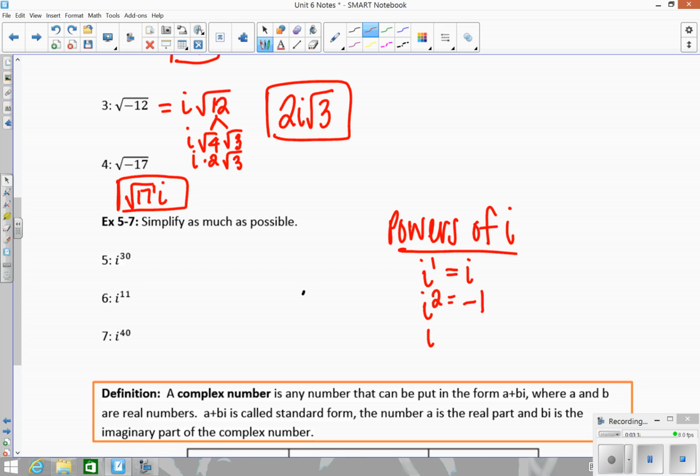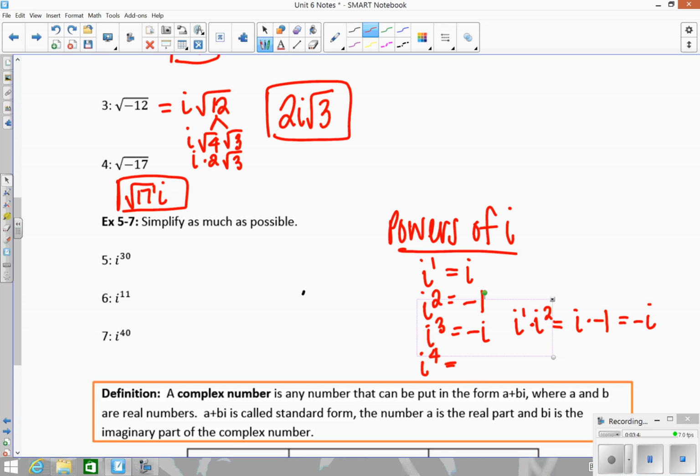I to the third is actually going to be -i, and that's because i to the first times i to the second is really the same thing as saying i to the third, because when you multiply, you add the exponents. And then i to the first is just i, and i to the second is -1, so that's how it becomes -i. And then the last one here to look at is i to the fourth.